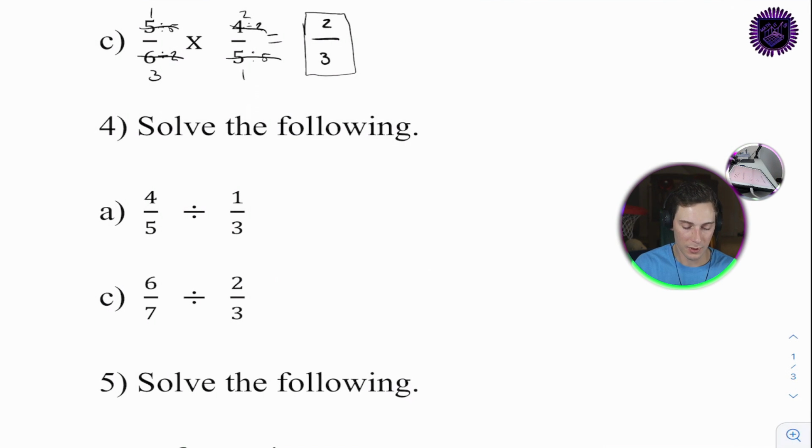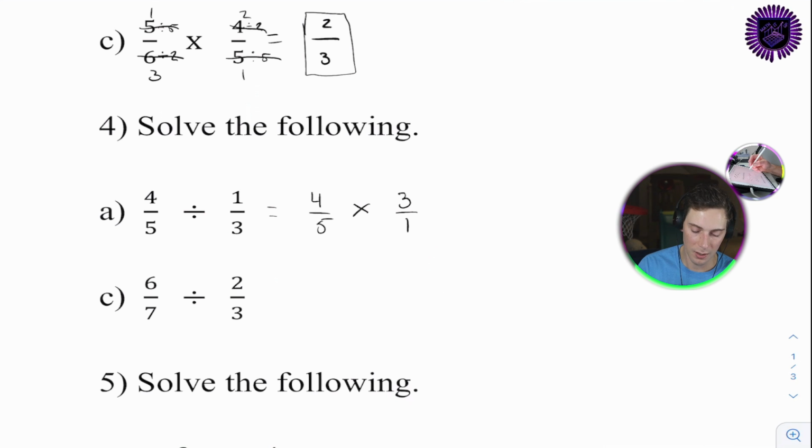4A. Division. Same type of questions, but now we're doing division. 4A. So we'll do keep, flip, change. We'll rewrite our next statement, which will be keeping 4/5 together, changing our symbol to multiplication, and then multiplying by 3/1, because we flipped and used the reciprocal of the divisor, 1/3.